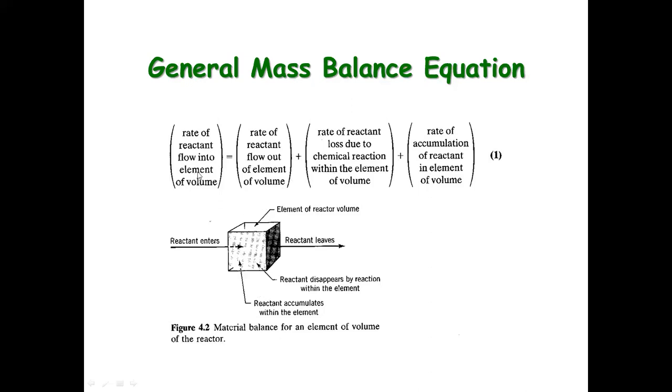So, rate of reactant flow into element of volume. This is the same mass balance that you will see from Levenspiel. And this is our guide in getting the performance equations for our three ideal reactors.